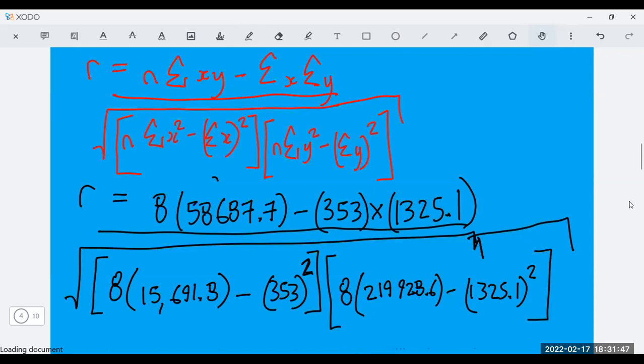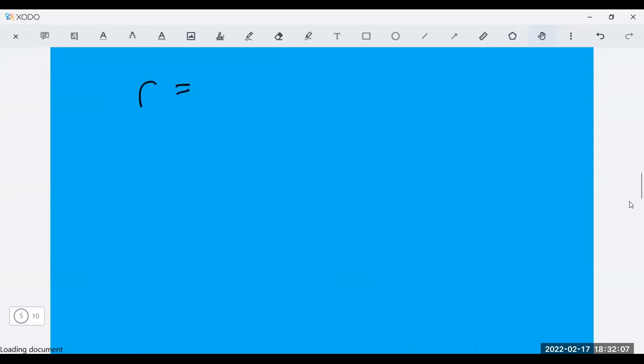All right, pretty much bracket everything. So 8 bracket 5867.7 bracket minus open bracket 353 close bracket open bracket 1325.1 close bracket. Just bracket everything. When I bracket everything and put it in the calculator for the numerator, I get 1741.3.